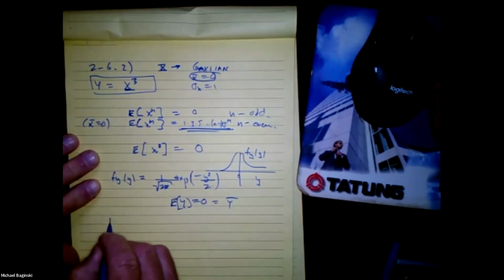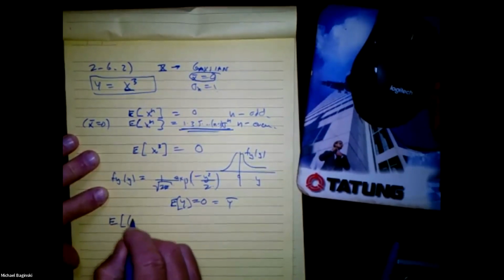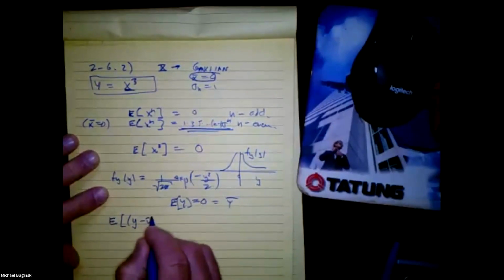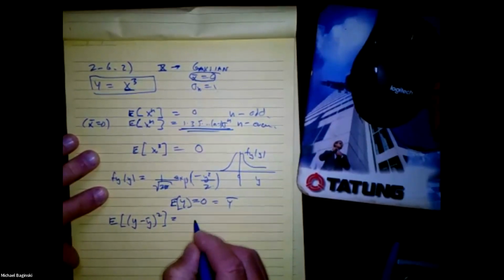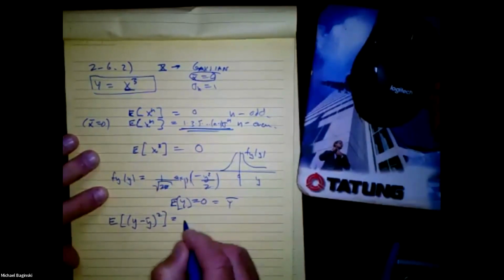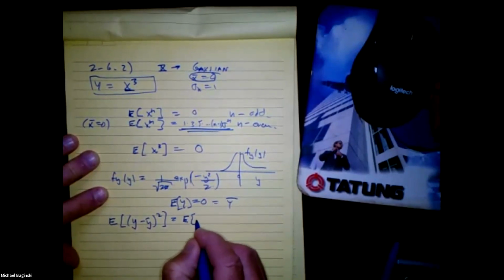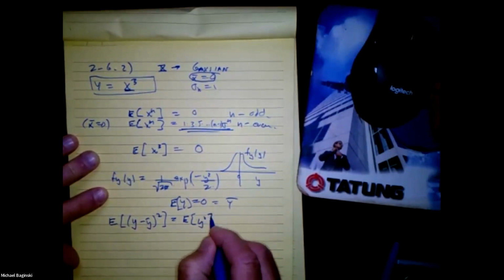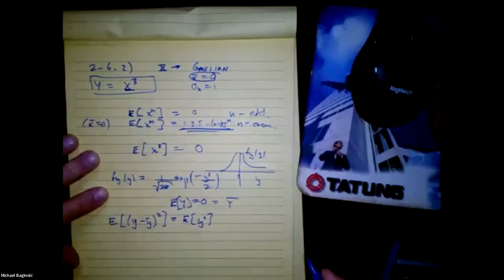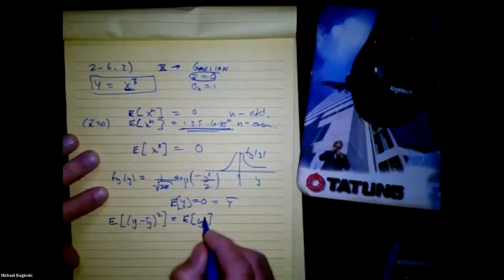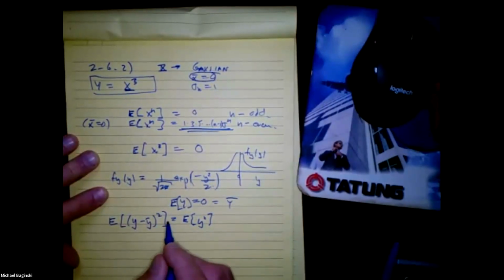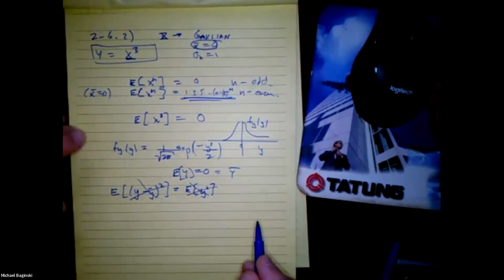Then I know the expected value of y minus y bar squared is really going to be equal to the expected value of y squared. I hope you follow me on this. Sorry, I'm doing this in a way that I think is confusing you. So he asked for the variance of y.